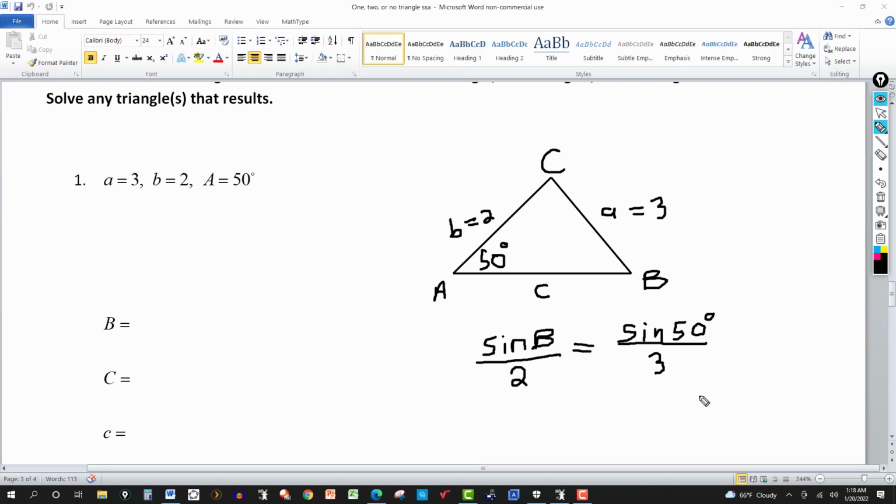So it's always the sine of the angle over the length of the opposite side, equal to the sine of another angle over the length of the opposite side. Or you could have the sides on top in the numerator and the sine of the angle in the denominator, as long as you're consistent on both sides. So then I'm going to solve for angle B. So I'm going to first multiply both sides by 2.